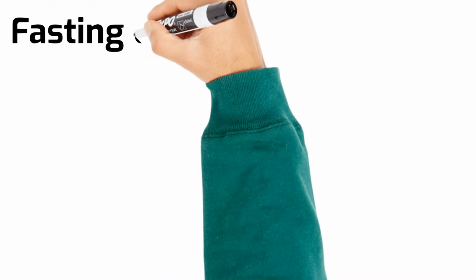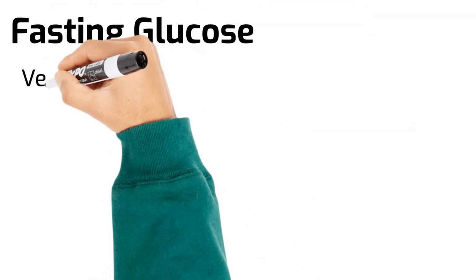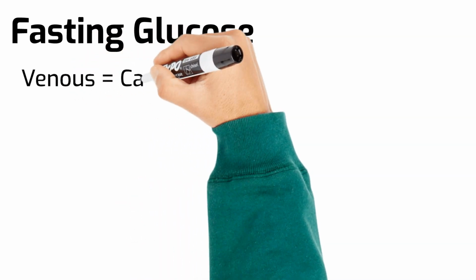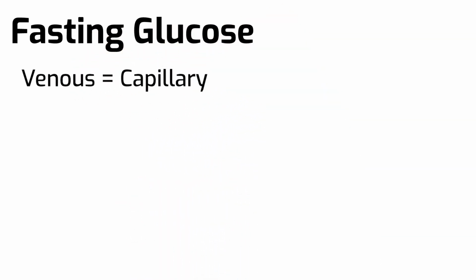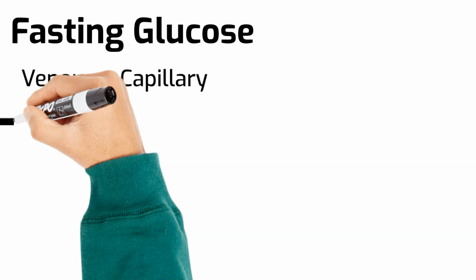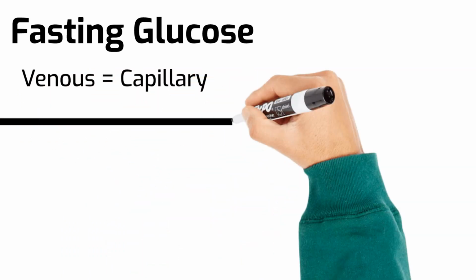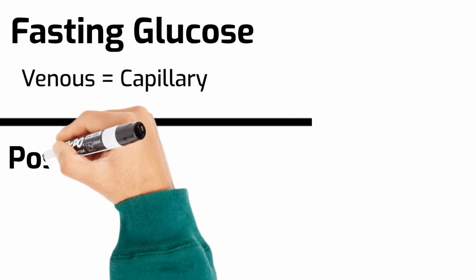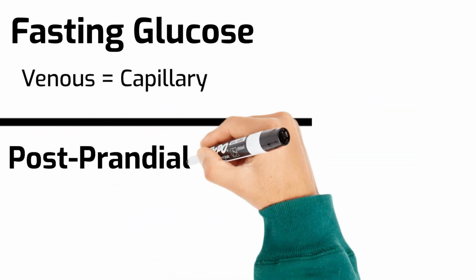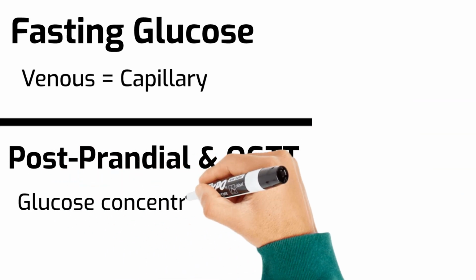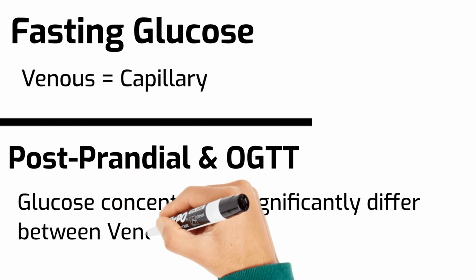Whilst fasting glucose concentration is similar between venous and capillary samples, postprandial glucose and glucose measured as part of oral glucose tolerance testing differ significantly between these two sample types. As a result, it's recommended that capillary samples should not be used to diagnose diabetes in non-pregnant adults.